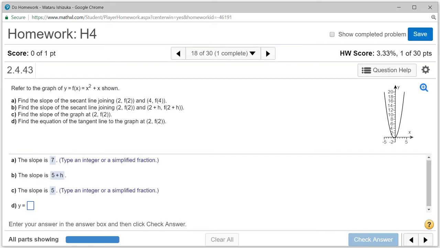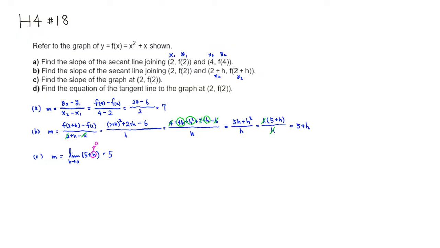Then we want to find the equation of the tangent line to the graph at 2 comma f of 2. We already know the slope, and the point is 2 comma f of 2. So point x1 comma y1 is 2 comma, and f of 2 was 6, so you have 6.